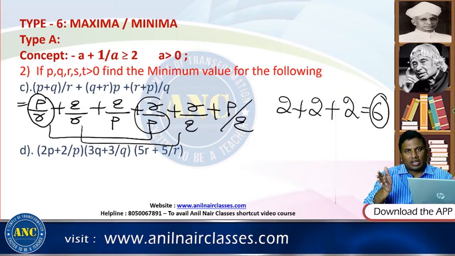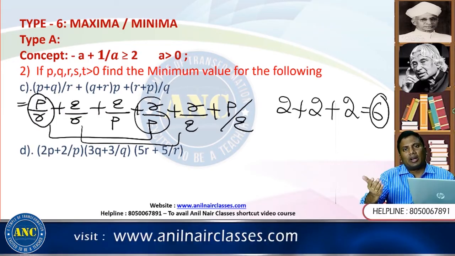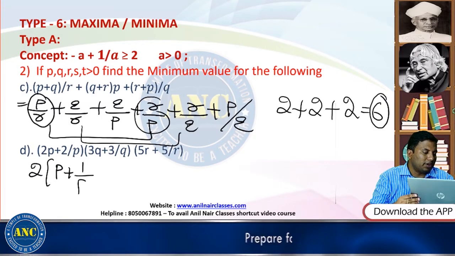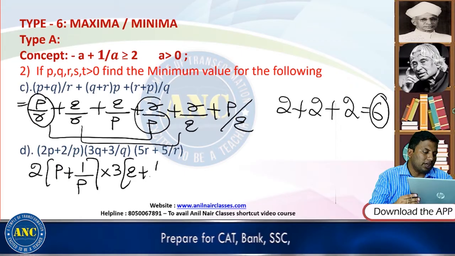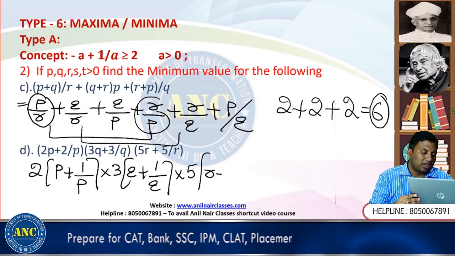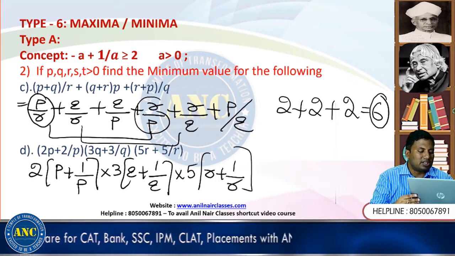Just open the terms and make them individual fractions, and you will realize that numerator is becoming denominator and denominator is becoming numerator. If I take 2 common, 2 into P plus 1 by P. If I take 3 common, Q plus 1 by Q. If I take 5 common, R plus 1 by R, variable and its reciprocal.